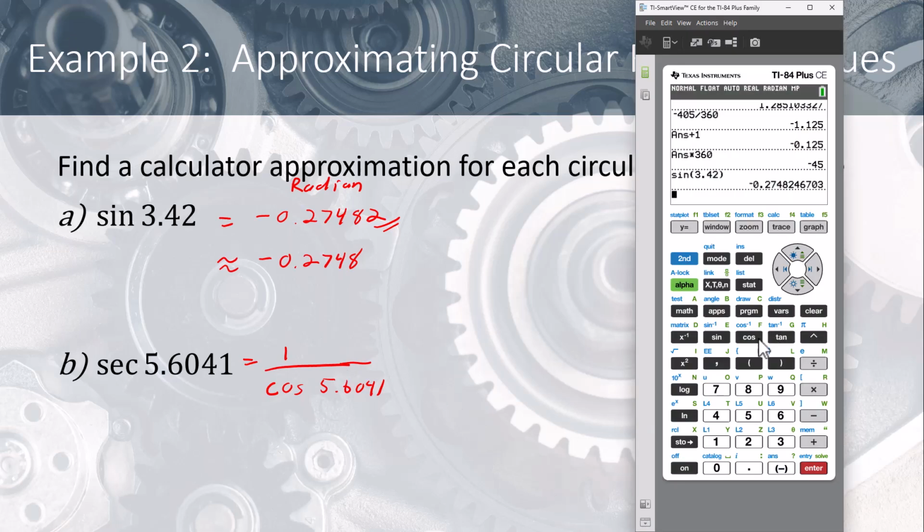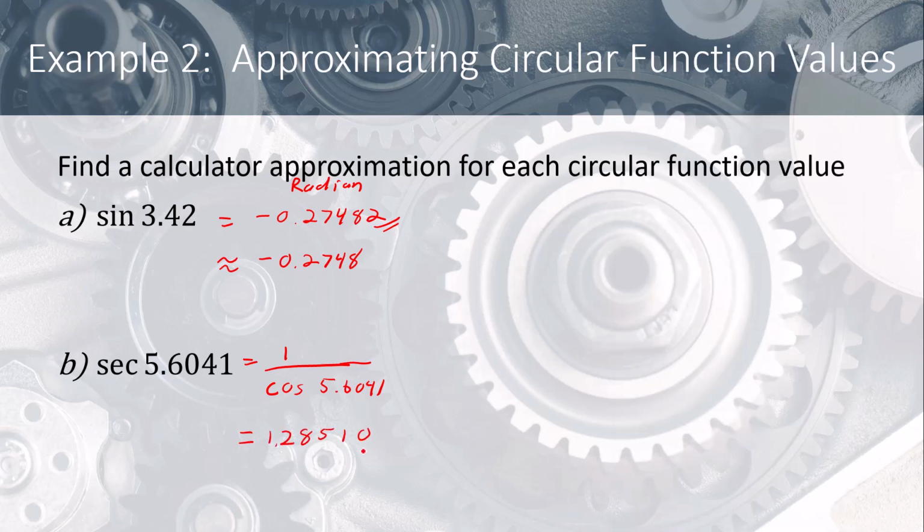So cosine 5.6041. There we go. That's my answer. I can use this button right here for reciprocal. And that will give me 1.28510. Once again, my 5th decimal place is less than 5, so I don't need to round up. This will be 1.2851.